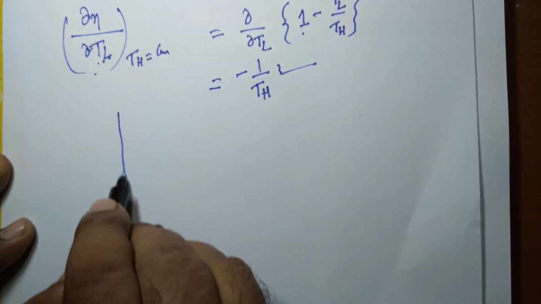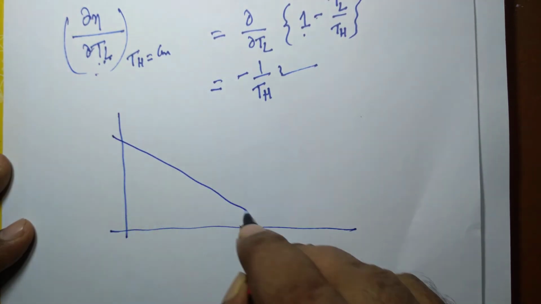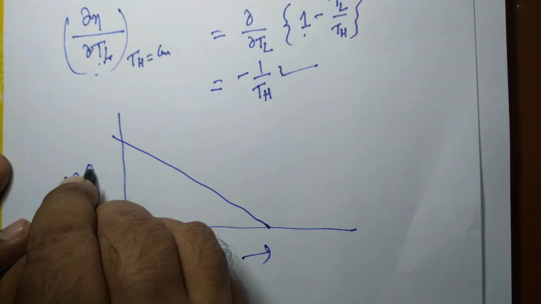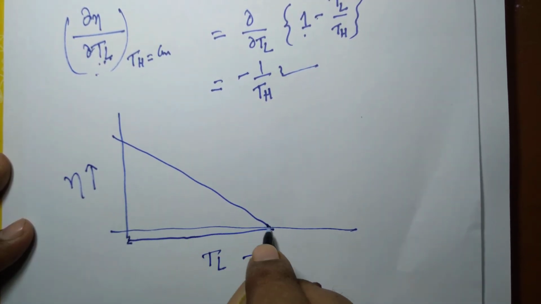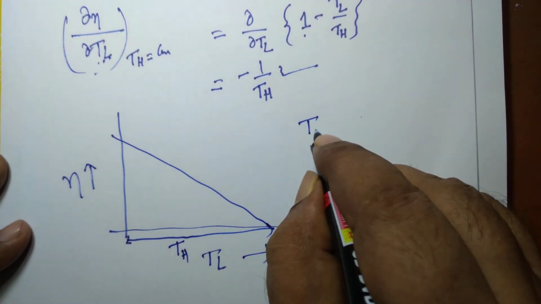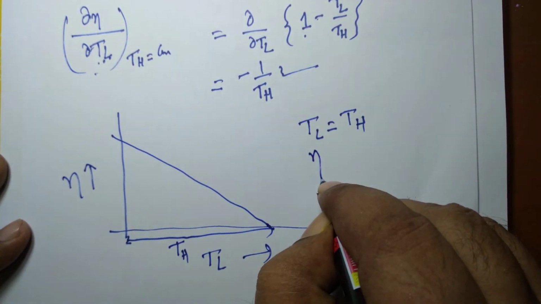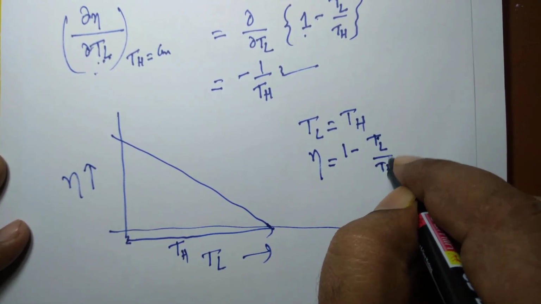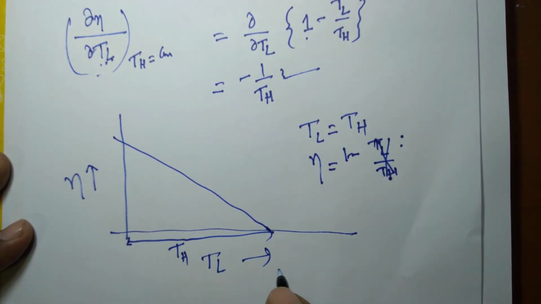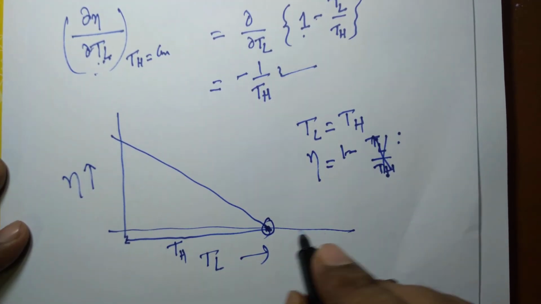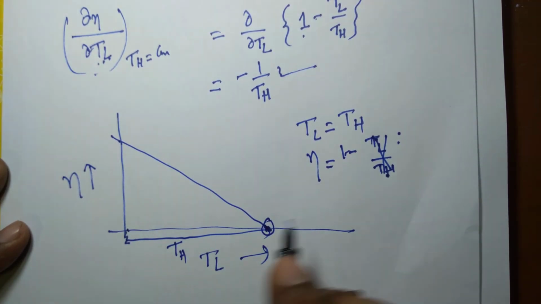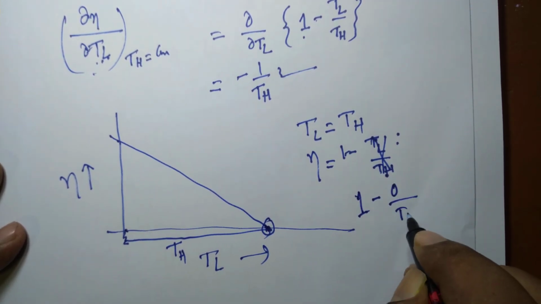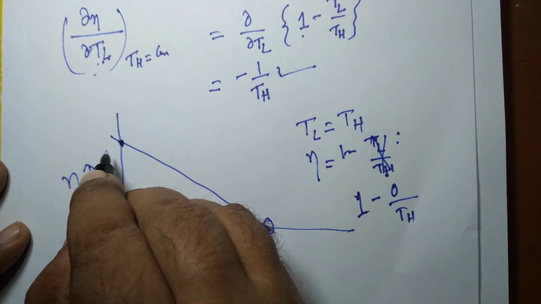If you draw the curve, it will be like this. Suppose this is TL, this is efficiency. When TL is equal to TH, what is the efficiency? 1 minus TL upon TH. When TL is equal to TH, this term is 1, and 1 minus 1 is 0. So the efficiency is 0. And when TL is 0, efficiency will be 1 minus 0 by TH, that is 1. So here the efficiency is 1.